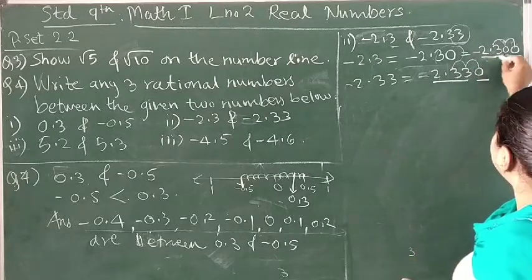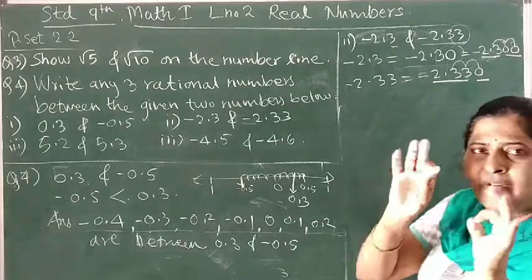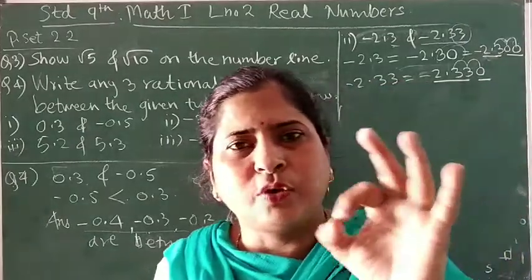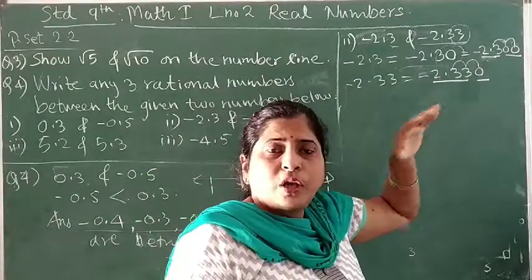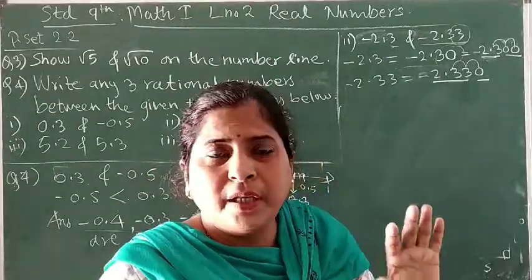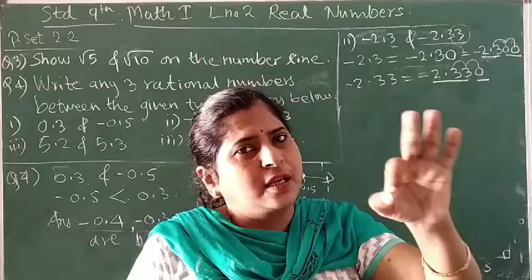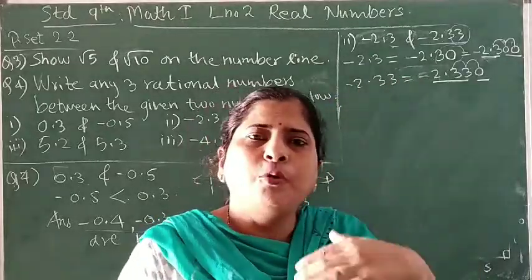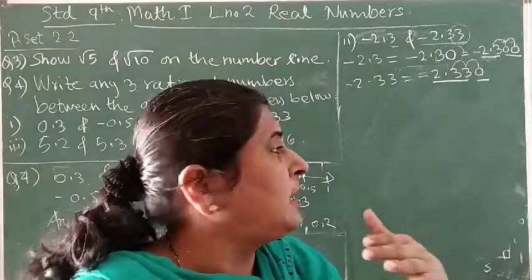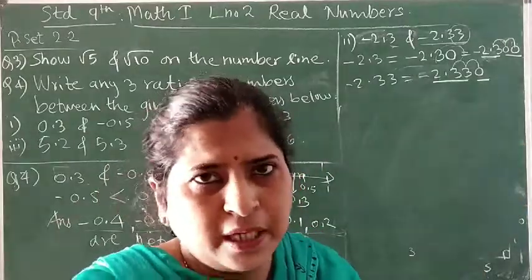Now if you see, after the decimal point it is 300, and here after the decimal it is 330. So you have 29 numbers in between. This is 2.301, 2.302, 2.303 up to 2.329. Of course, they should be negative numbers.